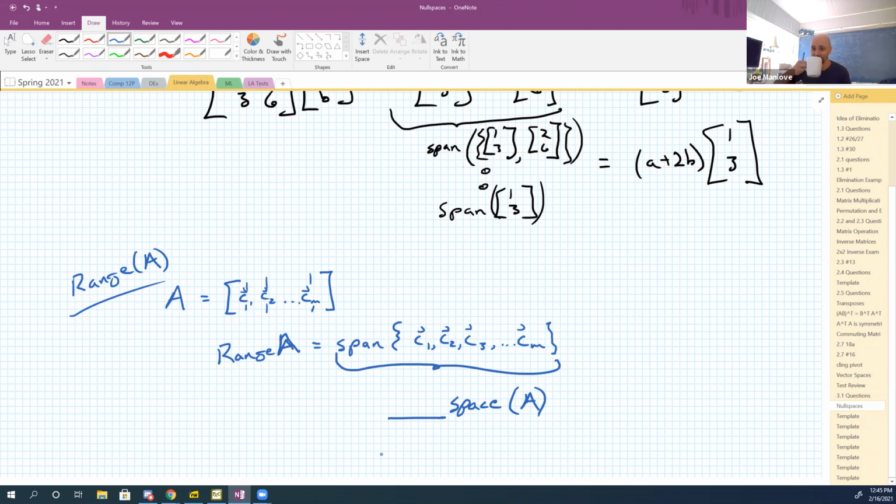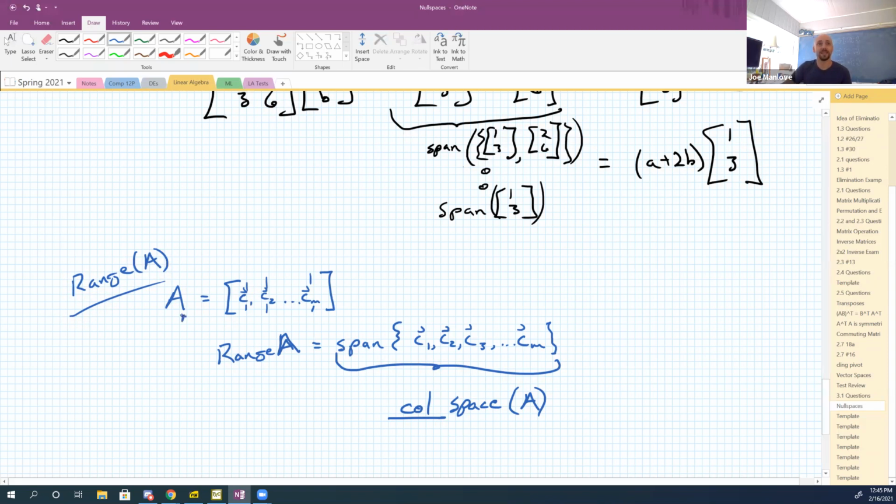Don't get creative. Column space. It is the column space, exactly. And the column space is the range. Not the codomain. It lives in the codomain, but it is the range. You guys recognize that distinction now?